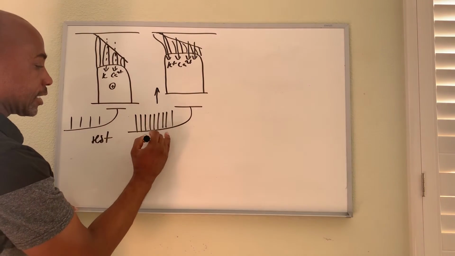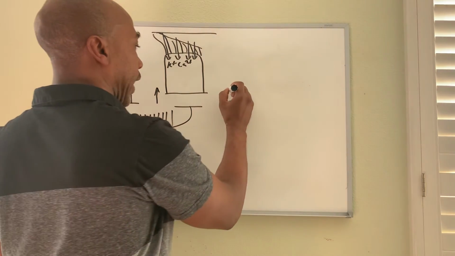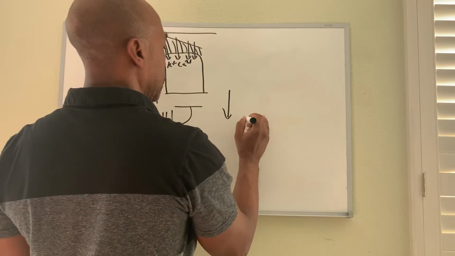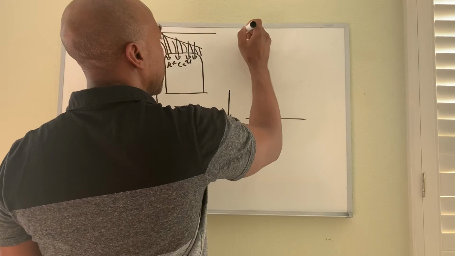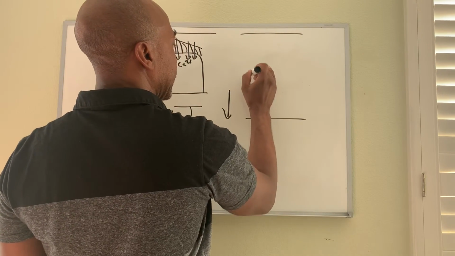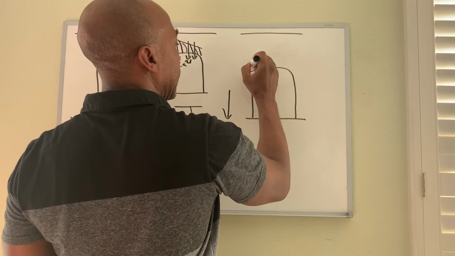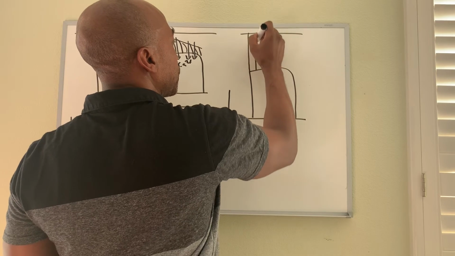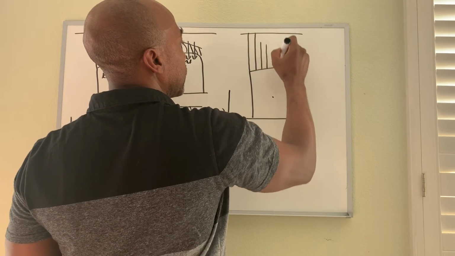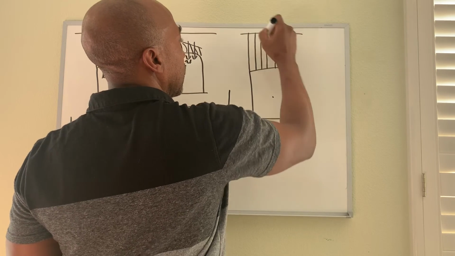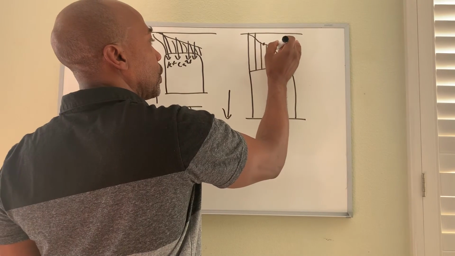So this is rest, and here you have an increase in action potentials. Then when it vibrates the other way, downward, the basilar membrane comes down while this one is still there. So these stereocilia are stretched, and when they're stretched, the channels close.